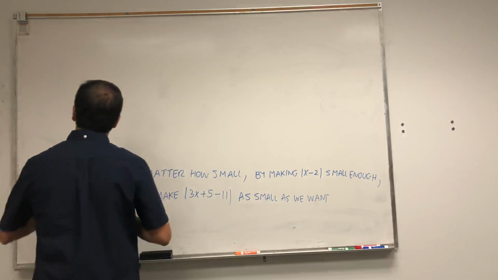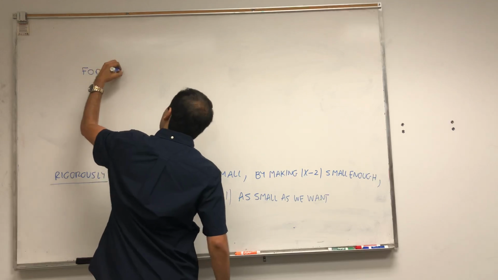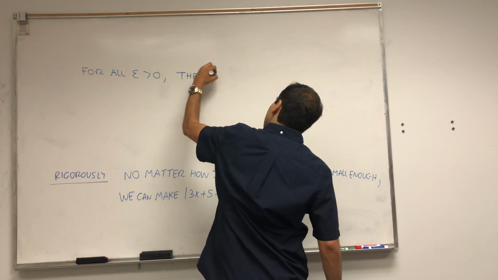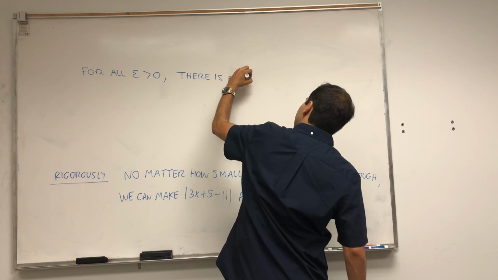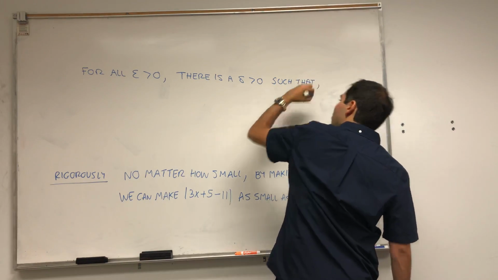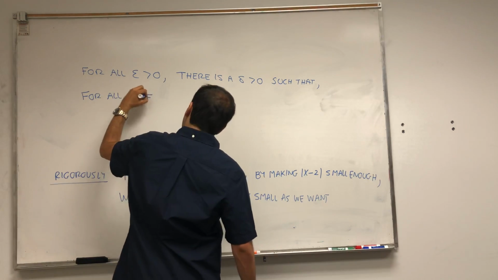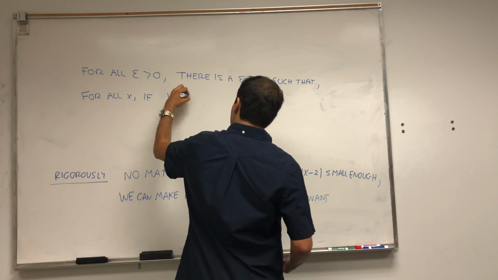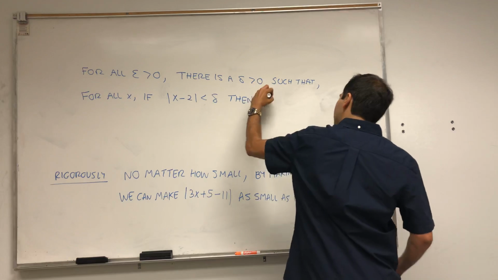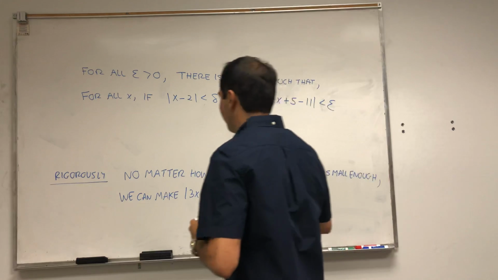So mathematically, for all epsilon greater than 0, there is a delta greater than 0 such that for all x, if the input is small, absolute value of x minus 2 is less than delta, then absolute value of 3x plus 5 minus 11 is less than epsilon.